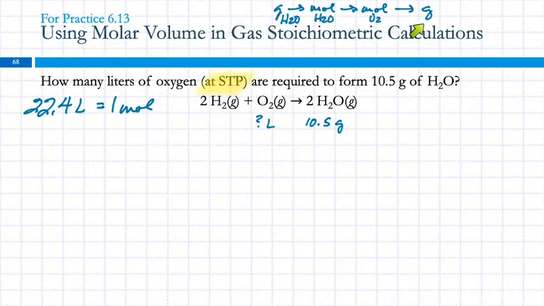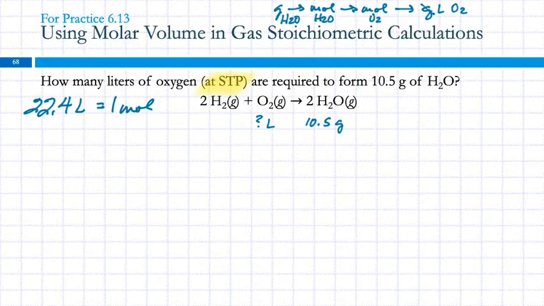We get to the end, and we're asked for liters instead of grams. So instead of grams, we're going to find liters of O2. Okay. Is that better? Sorry about that. I wish I could say I did that to see if you're paying attention, but that's not the case.